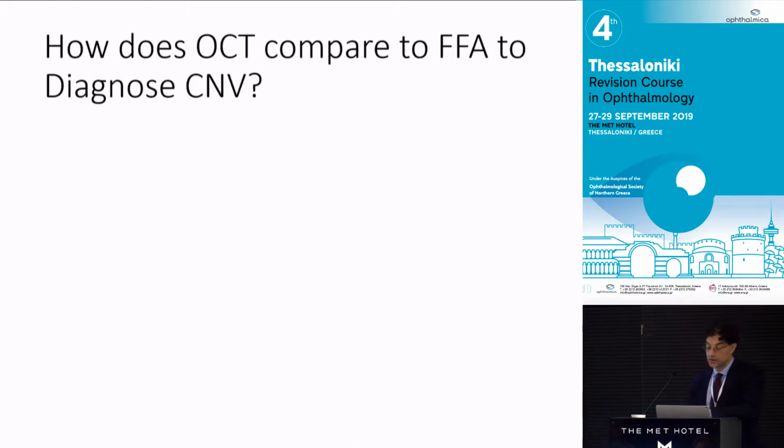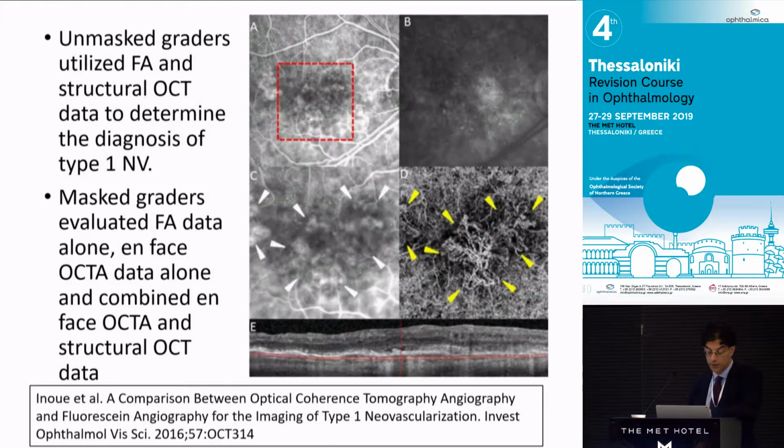So can we use OCT alone? Is it as good as fluorescein? There are a few actually reasonable studies. This is one from Inoue and co-workers where they had a gold standard where a bunch of graders had the fluorescein, structural OCT and angio-OCT and said, if we look at all of that, is it CNV or not? And then you had masked graders looking at some, but not all, of the imaging modalities.